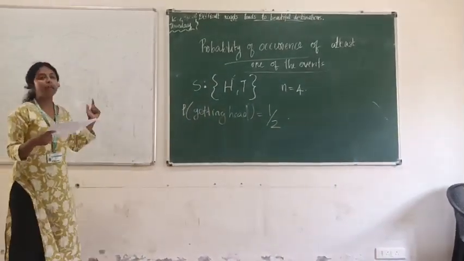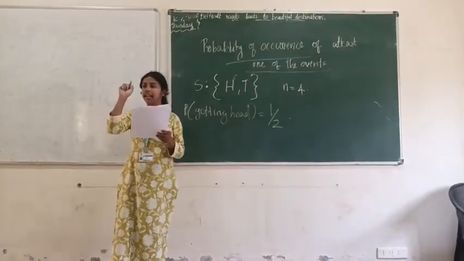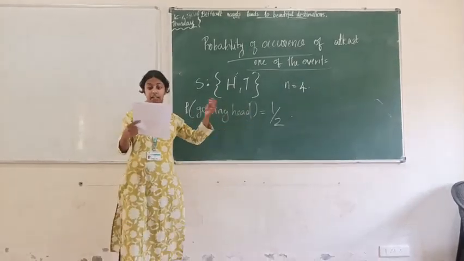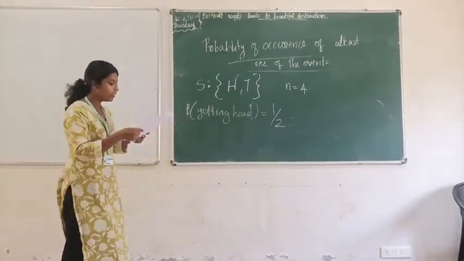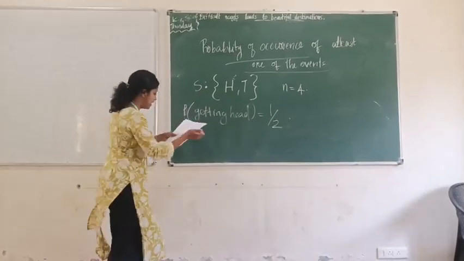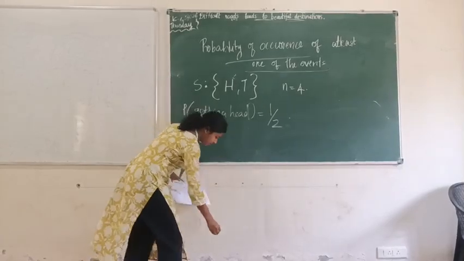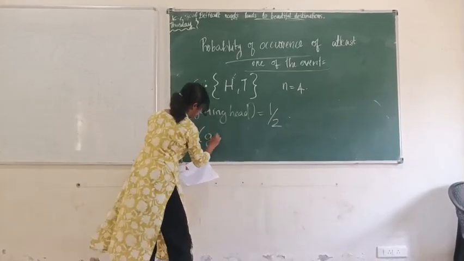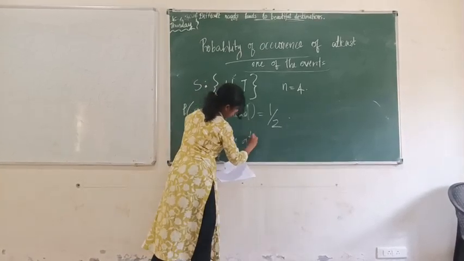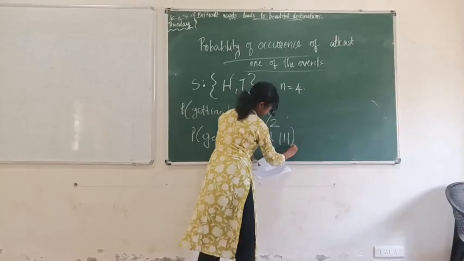Now we have learned the equation that P of at least 1 is equal to 1 minus P of A dash raised to n. n is the number of trials we are using for tossing the coin. So how do we find at least one head from this?